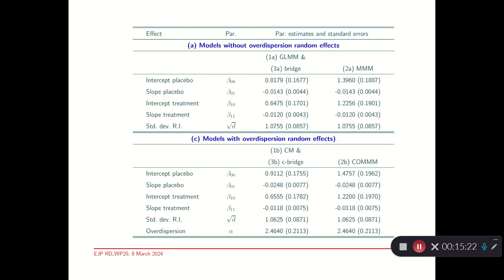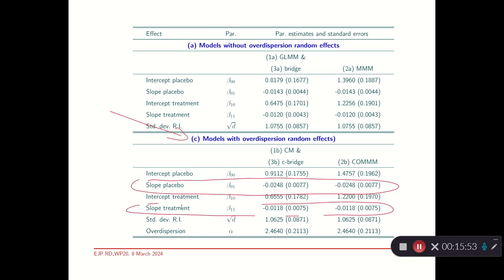We have actually 6 models here. The original models without over-dispersion, but then with marginal interpretation, and the models with over-dispersion. Well, actually, I would like to focus on the models with over-dispersion. They're already better. And what we see here is that 2 of the ways of marginalization are identical. The other way, if you look at the slope here and the slope there, is also providing something that is not different.